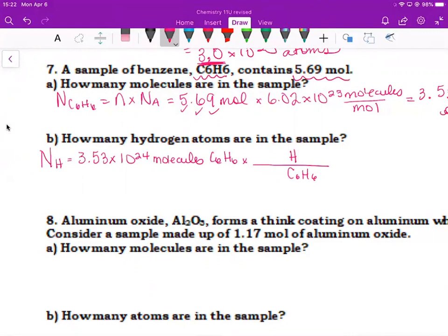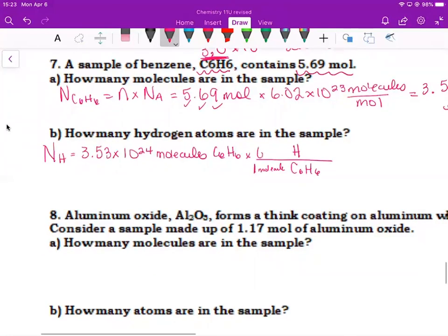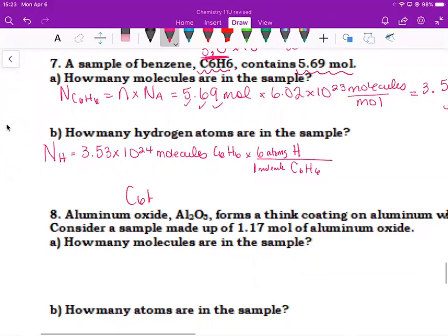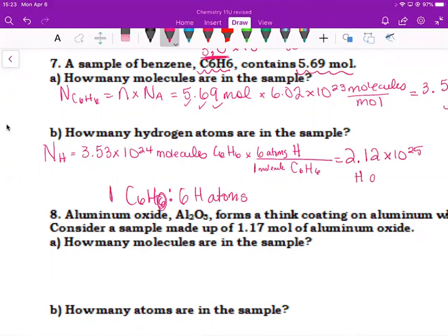When I have one molecule of benzene, I have 6 atoms of hydrogen. C6H6. If I have one benzene molecule, I have 6 hydrogen atoms. So I'm going to multiply that number by 6, and I get 2.12 times 10 to the 25 hydrogen atoms.